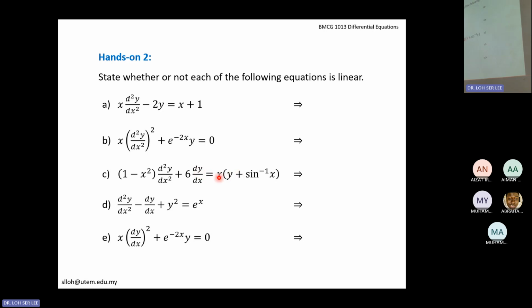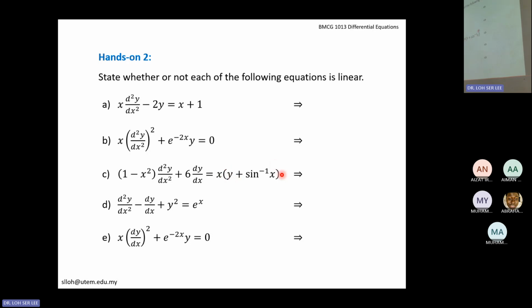This one you need to open the bracket, xy, right? And xy you need to move to the left, minus xy. And the y appears to degree of 1. And then the coefficient function of this one, x is the independent, so this one is in x. This one is a constant. This one is in x. And the right-hand side function is x arcsine x.